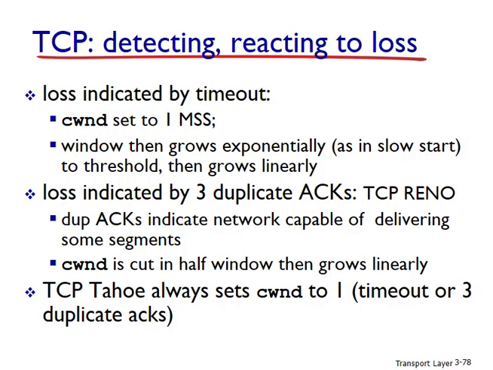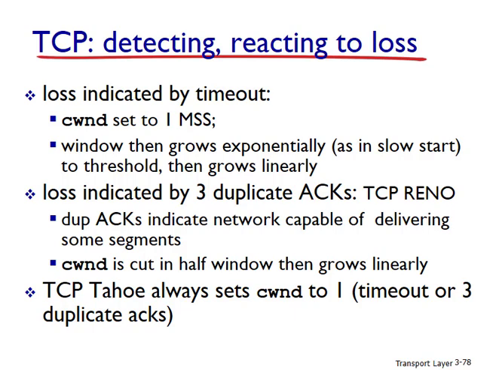But when should this exponential growth end? Slow start provides several answers to this question. First, if there is a loss event, in other words congestion, indicated by a timeout, the TCP sender sets the value of cwnd back to 1 and begins that slow start process again.